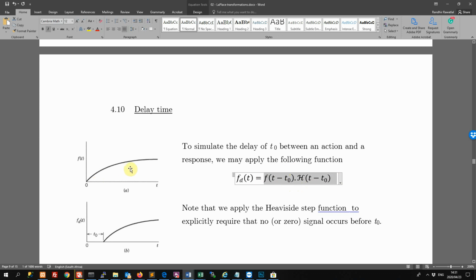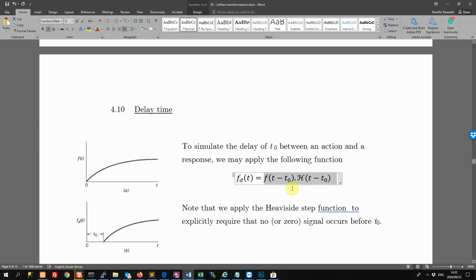It's graphed better than I'm saying it here. You can see that's your original function f of t. If you want to delay this function, if you want to say let it be t naught before this function appears, we can just shift that function along by t naught. Now if we send in values, let's say at a half t naught, then we would be looking up values before 0 in our original function, and we don't necessarily know that.